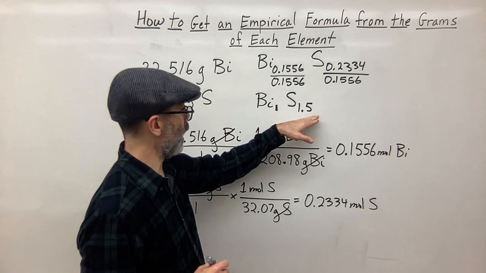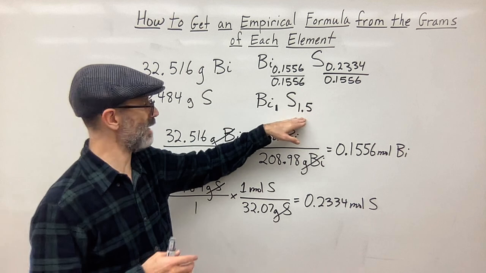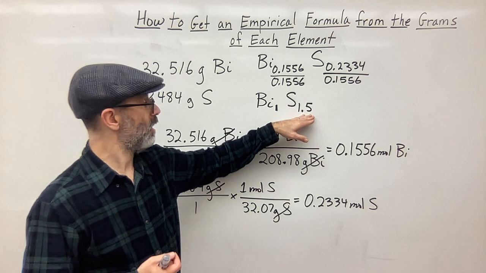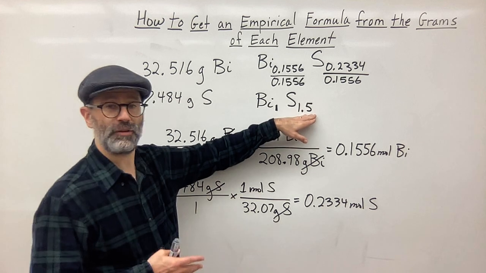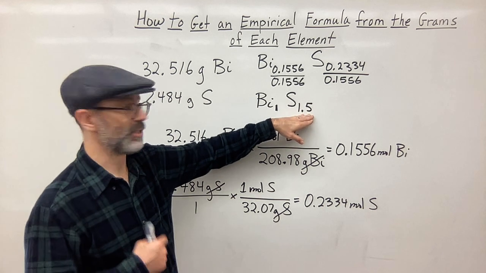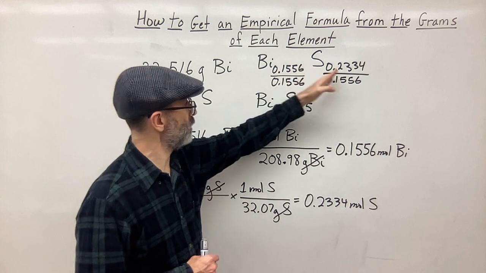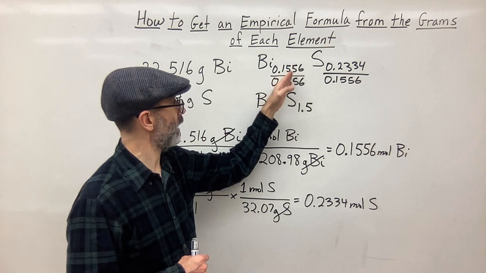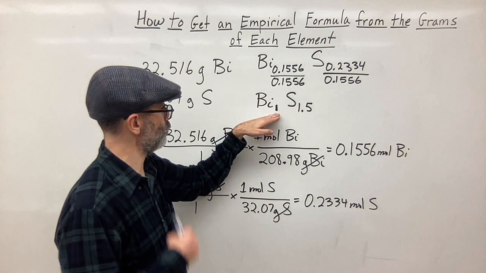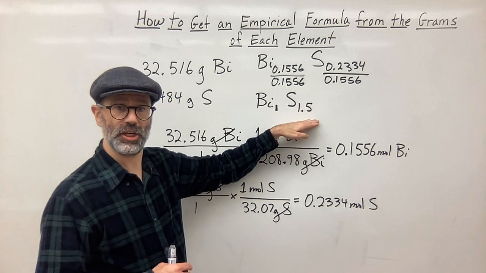Obviously that's not a whole number, but this is an obvious fraction. I can't round this to 2, because that's going to be too big of a rounding error. But it is obviously a half. To get rid of a half, I can multiply by 2. But I want to keep the ratio. Now my ratio is 1 to 1.5, and I don't want to lose that ratio.